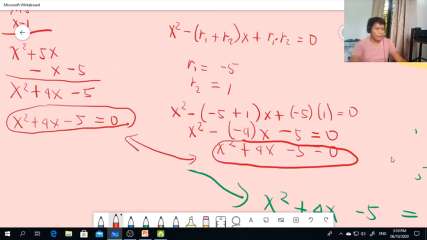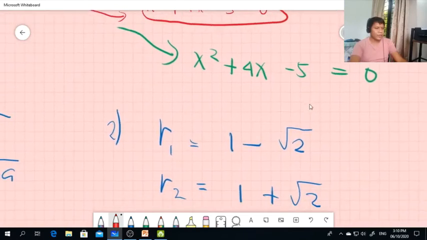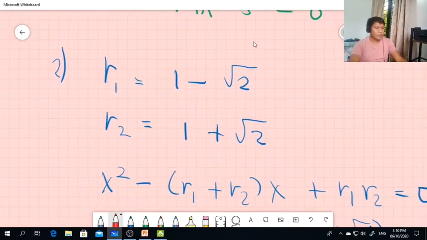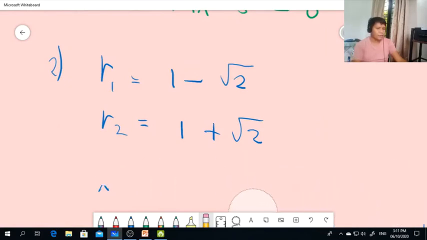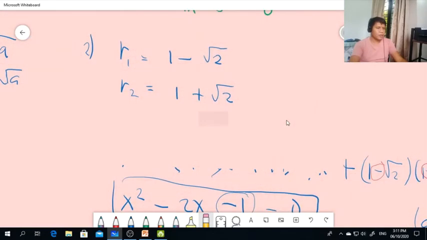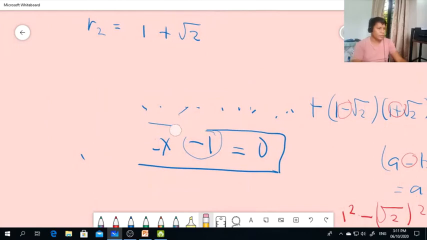Now we will have another example. For example, r sub 1 is 1 minus square root of 2, and r sub 2 is 1 plus square root of 2.